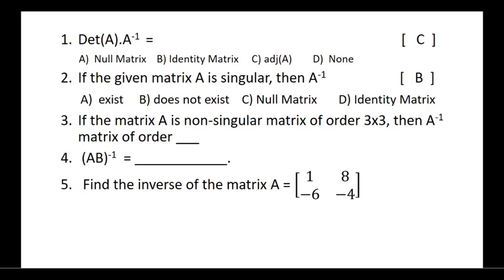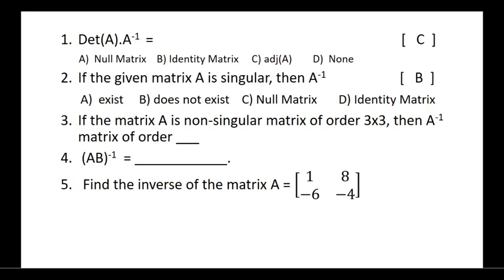The transpose of the cofactor matrix is the adjoint matrix. So the adjoint matrix of A is minus 4, minus 8, 6, 1. For any matrix, it should be non-singular to find the inverse. To find the inverse matrix, first we find its determinant and adjoint matrix.